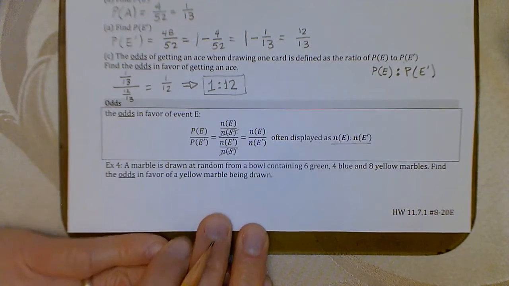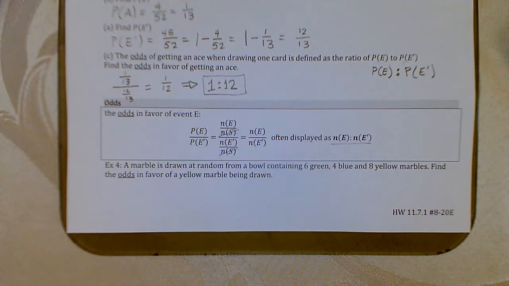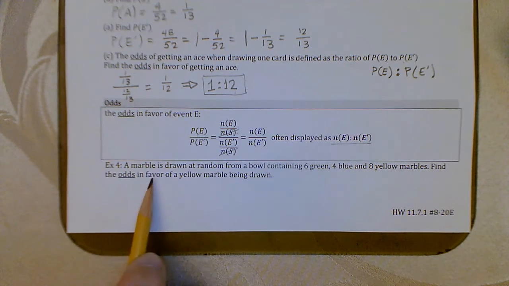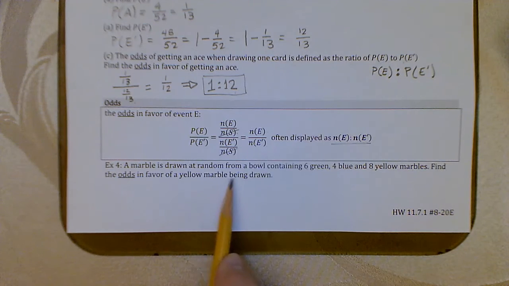So let's look at example 4. A marble is drawn at random from a bowl containing 6 green, 4 blue, and 8 yellow marbles. Find the odds in favor of a yellow marble being drawn.